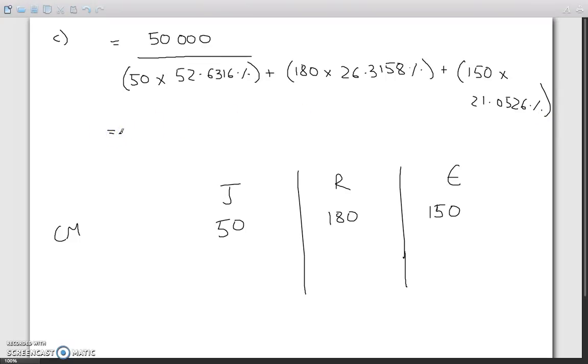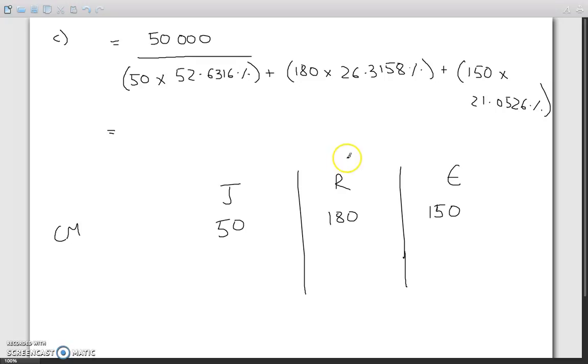Now I'm going to do this long calculation and then we're going to see what we get. So 50,000 stays on top, and it's 50 times 0.526316 plus 180 times 0.263158 plus 150 times 0.210526. I'd encourage you guys to also do the calculation, so that if I'm wrong you can alert me in the comments and I can correct this video if needed. Yeah, that looks good.